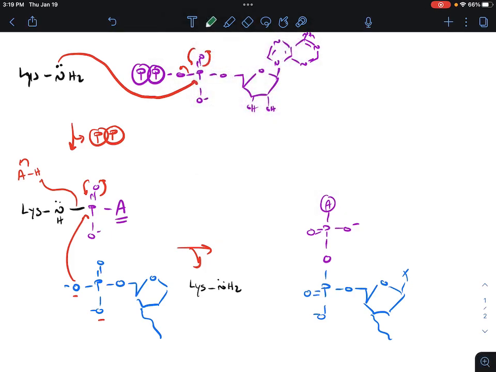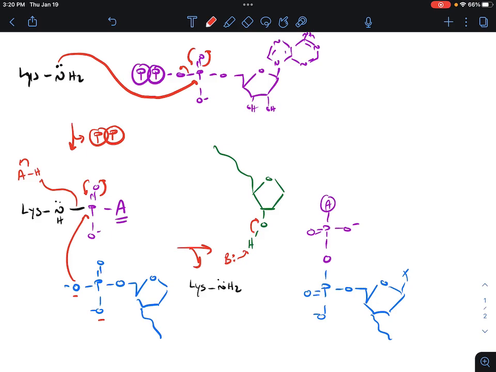So the 3' end of our DNA comes in and is covalently linked up with the 5' end. We're going to need a general base in the active site of the enzyme that activates this to be a good nucleophile. So electrons flow up to oxygen.